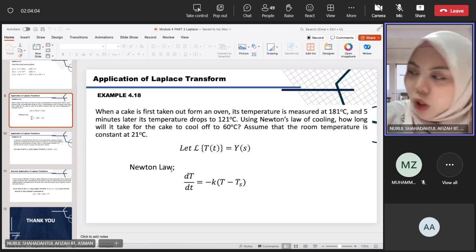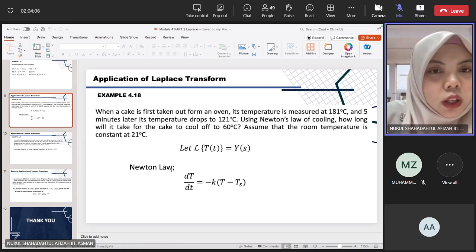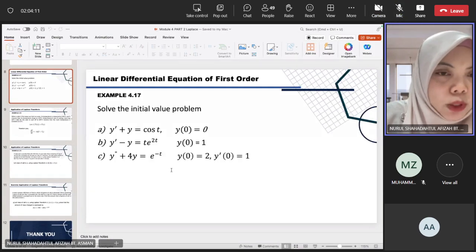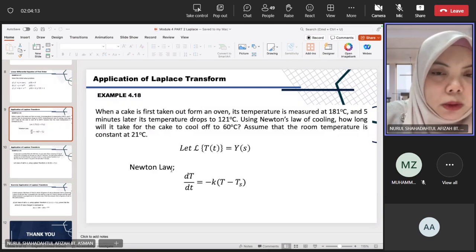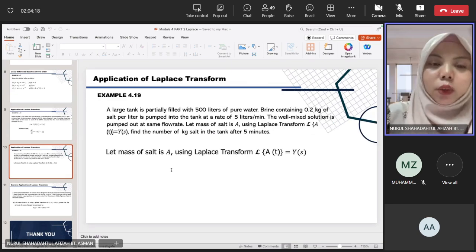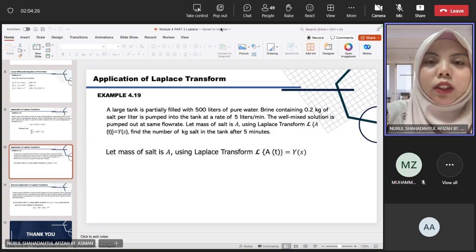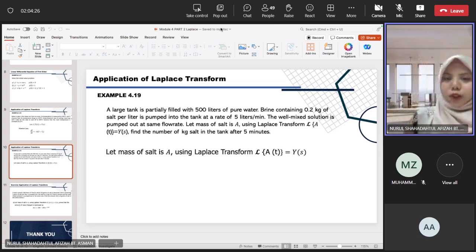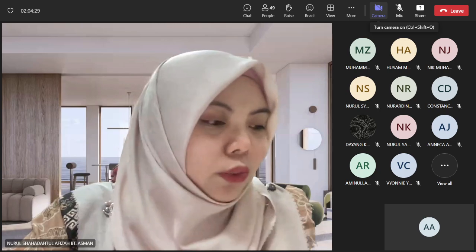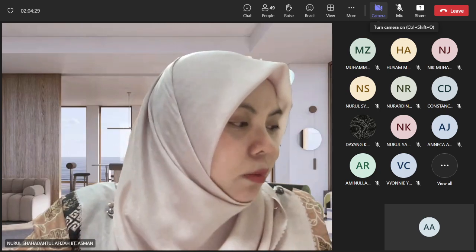Since I have a problem sharing my screen, I will provide example 4.17b and examples 4.18 and 4.19. I will share the solutions for these examples in ITEL, so you can refer to them there. Any questions so far? Did you understand the Laplace and how to solve the problem?